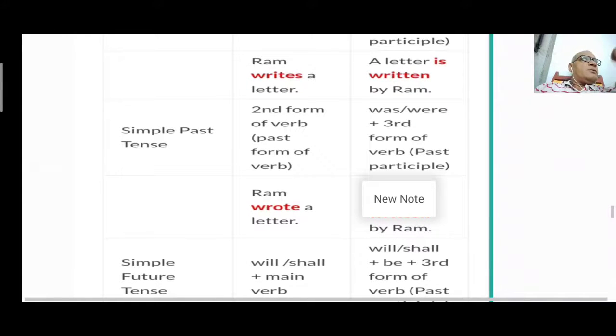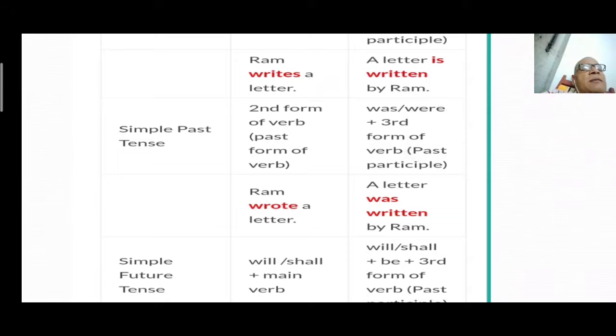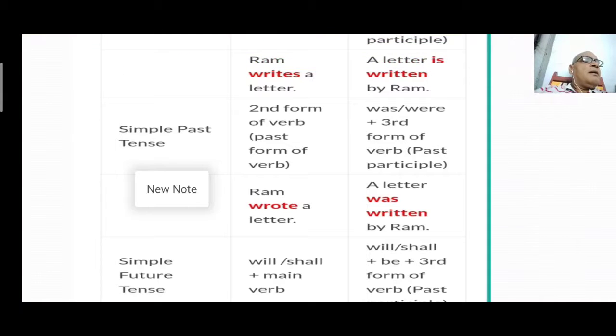Past tense, wrote. Rama wrote letters. These are the two sentences because I want to choose both singular as well as plural. Just letter, letters. And how does it change in passive form?